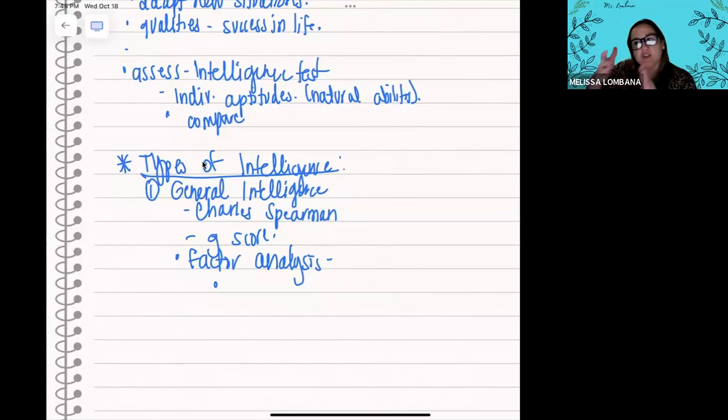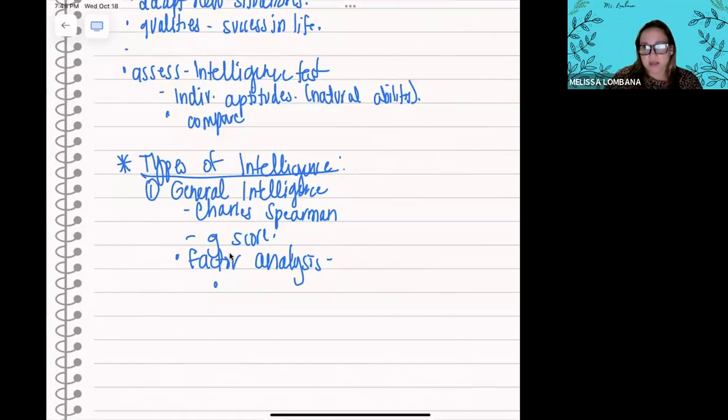They're going to give you a bunch of different skills or activities that when they group them together will give you essentially your average score for your nonverbal intelligence, or your verbal intelligence. So they give you a bunch of little activities to do, they group them together and they get your score. Okay, so that's factor analysis.